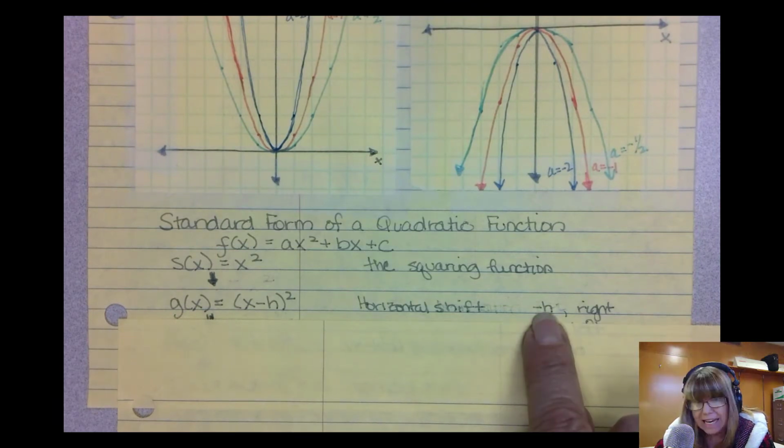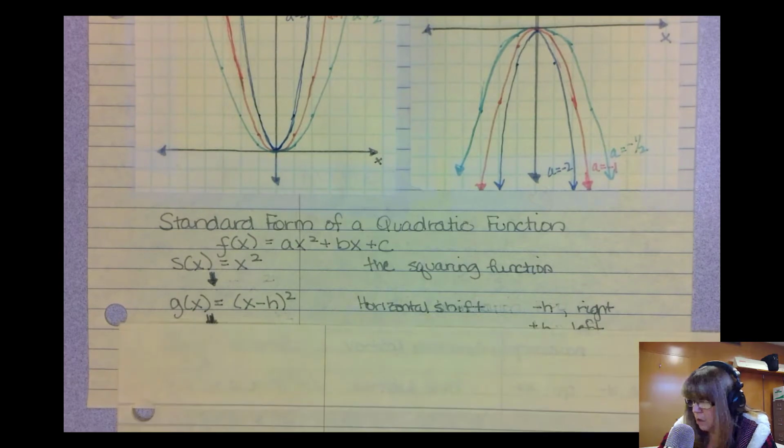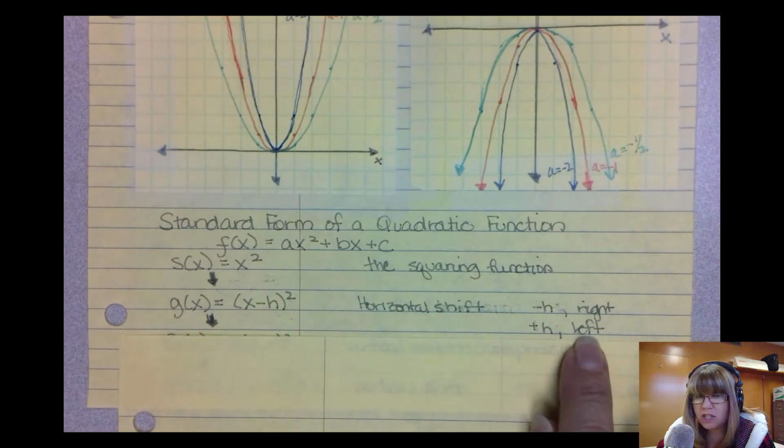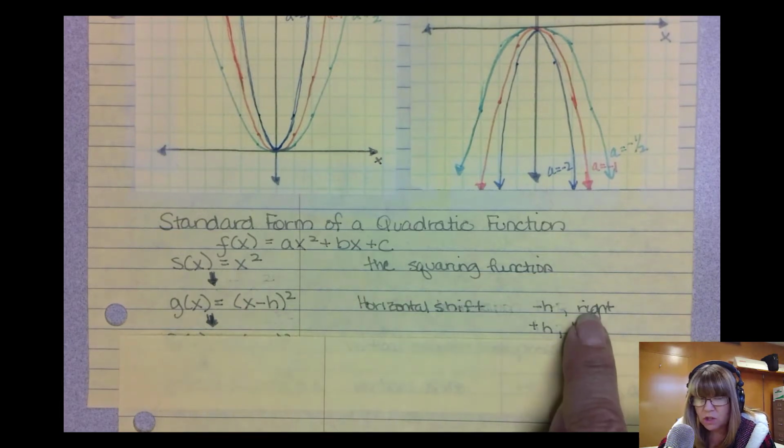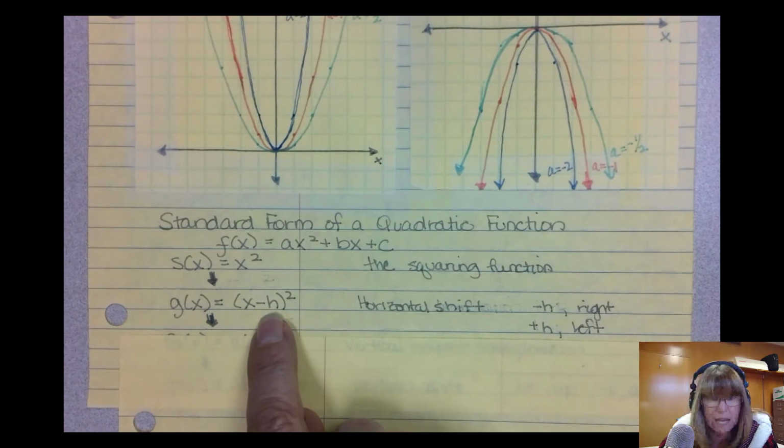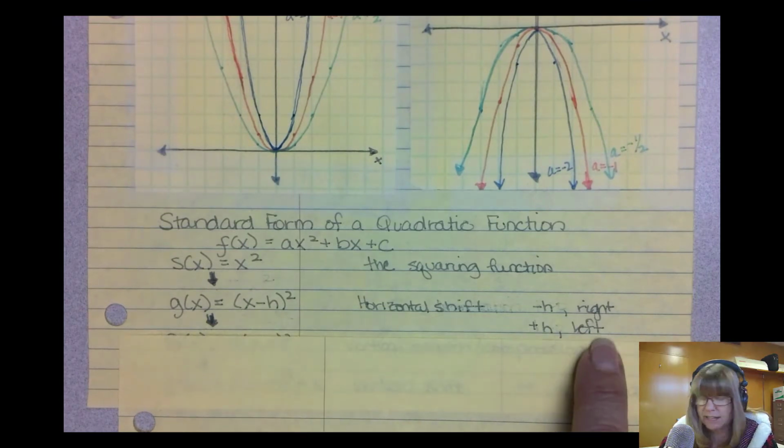When it's minus h, it's a shift to the right. When it's plus h, it's a shift to the left. So when this says x minus h, it's a shift to the right. When it says x plus h, it's a shift to the left.